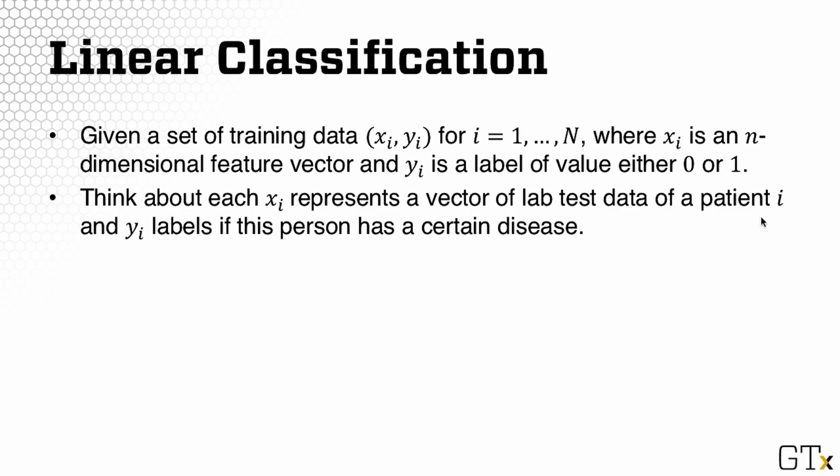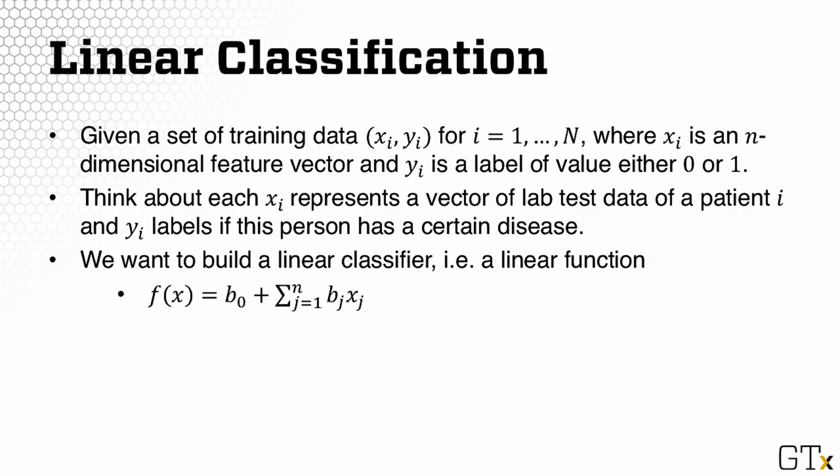So patient i does some lab tests, and the result is a bunch of numbers, say n numbers, and that's the dimension of xi. So xi is the vector of the lab test results, and yi is a label where the doctor looks at the result xi and determines if this person has a certain disease. Yes means yi is 1, and 0 means this person does not have that disease.